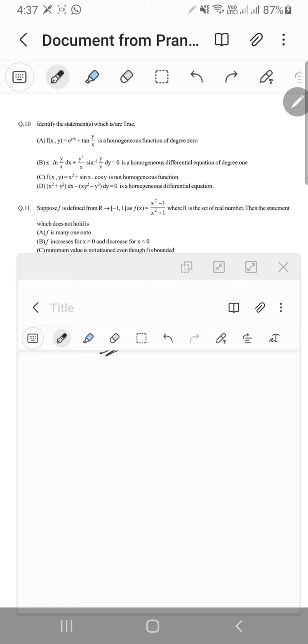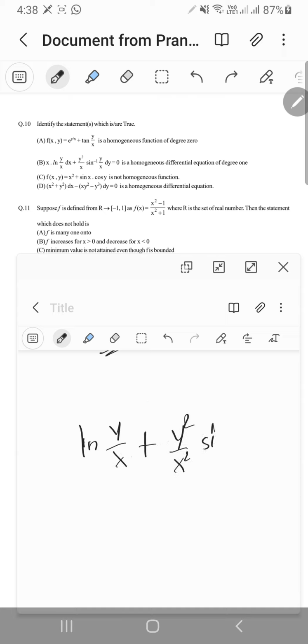Next, this function is a homogeneous function, differential equation of degree 1. Looks like dy by dx over there, and then you got natural log of y upon x plus y squared upon x squared sine inverse of y upon x.